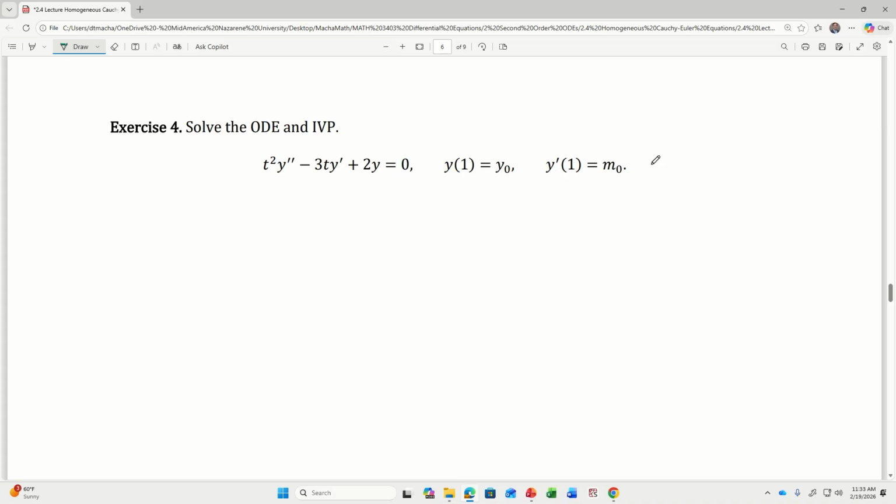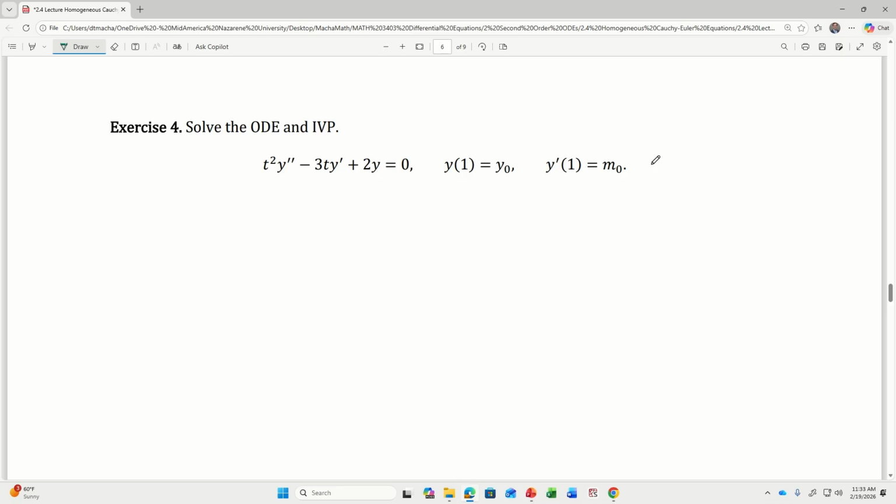So you'll notice that most second order linear homogeneous ODEs are actually not going to have elementary solutions, right? If you put different functions of t as coefficients in front of your y double prime and your y prime and your y, you're not going to get an elementary solution in like 99.99999% of cases.